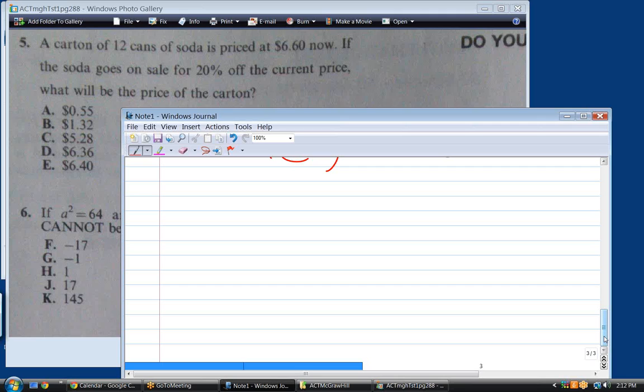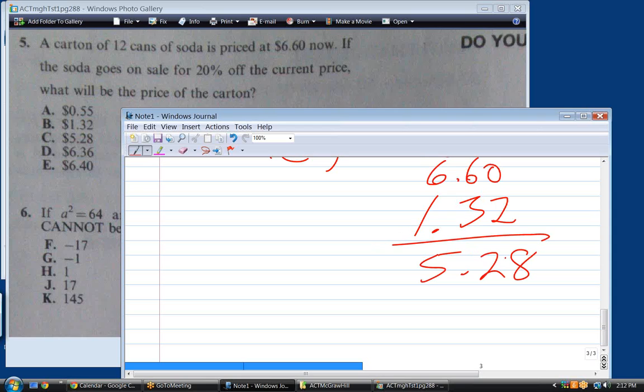What's 20% of $660? It's $132. So we take 660 minus 132. Okay. And we get 528.